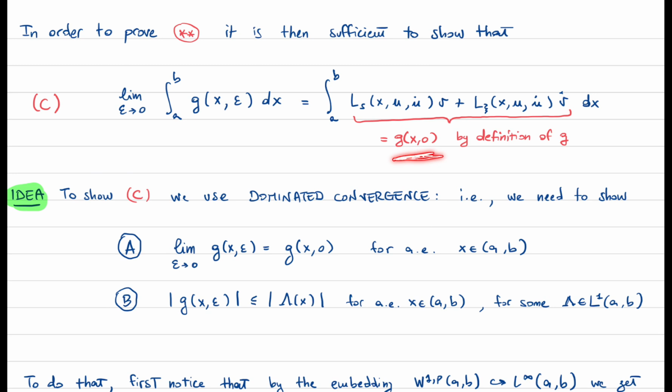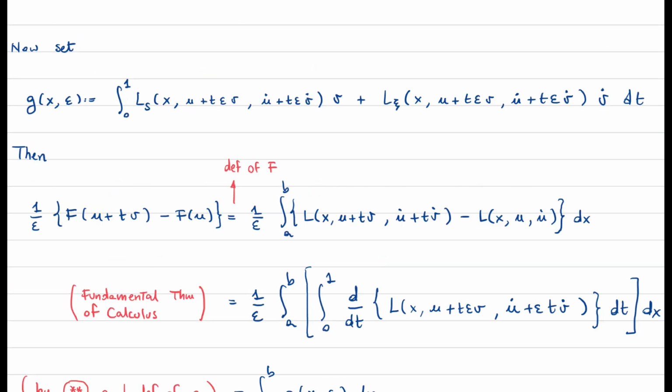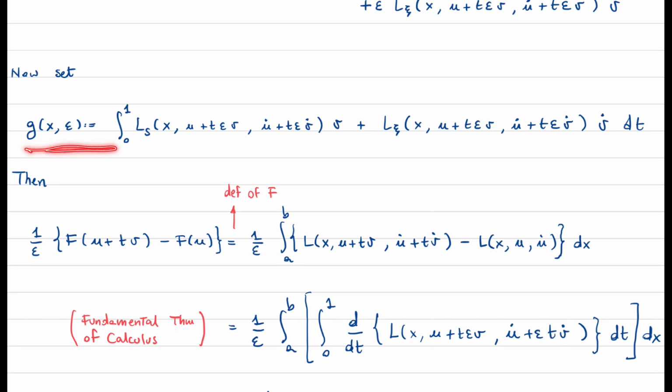evaluated at x and 0 by the definition of g, because let's go back. g was defined like this. So if you set epsilon equal to 0 here, so this goes away, and also this goes away, and this goes away. So with t as well. So you notice that basically you get something which does not depend on t.